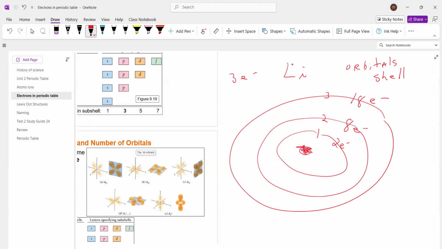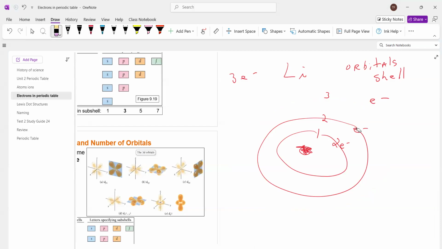So that's what lithium is going to look like. 2 electrons in the inner one, the next one out in shell 2, we have 1 electron.